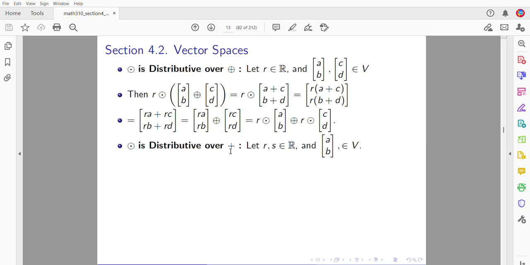So I'm going to add 2 real numbers. So I need 2 reals and 1 vector. Okay, 2 reals, I add them. Oh, that should be an ⊙, not just a dot. It should be an ⊙ because that's a scalar multiplication to vector AB. That gets us (R plus S)A, (R plus S)B. Now this is multiplication among real numbers.